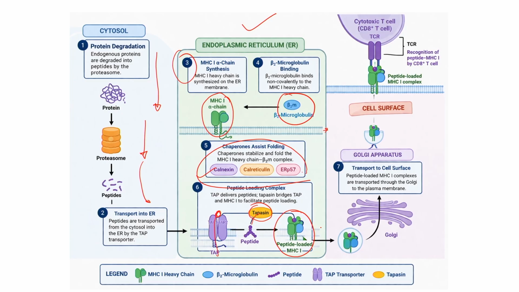So the whole picture is that the ER is critically important in MHC1 expression. There are two major players here. One is the TAP protein, which is giving access of antigen, and the second is the MHC1 molecule. Now, how are these assembled?